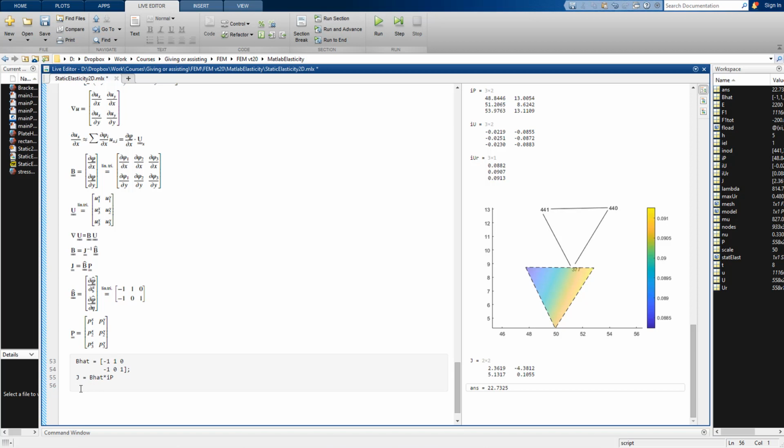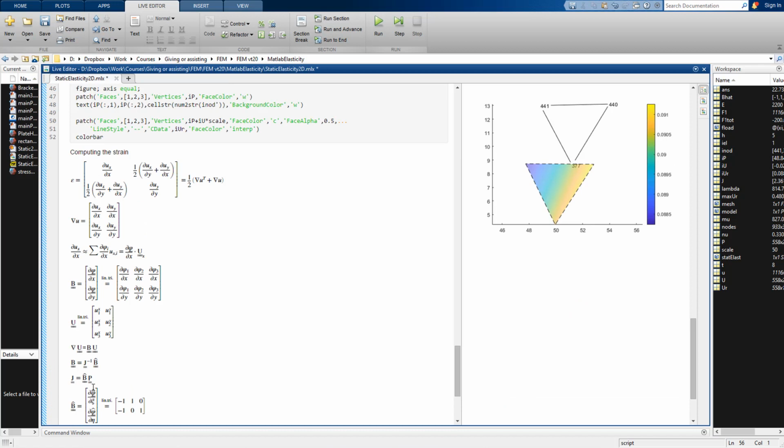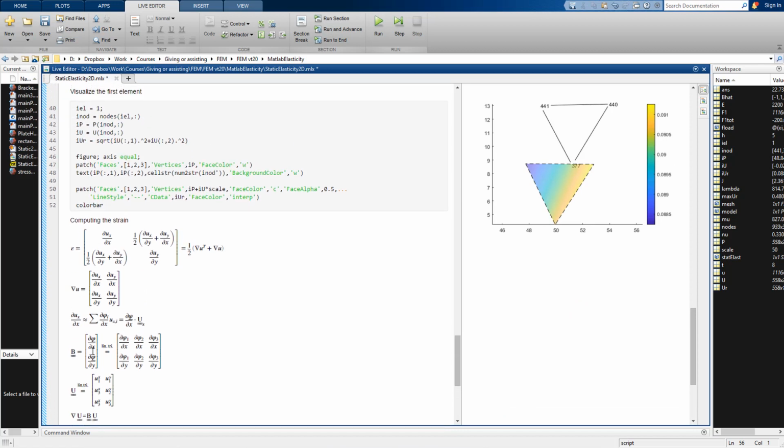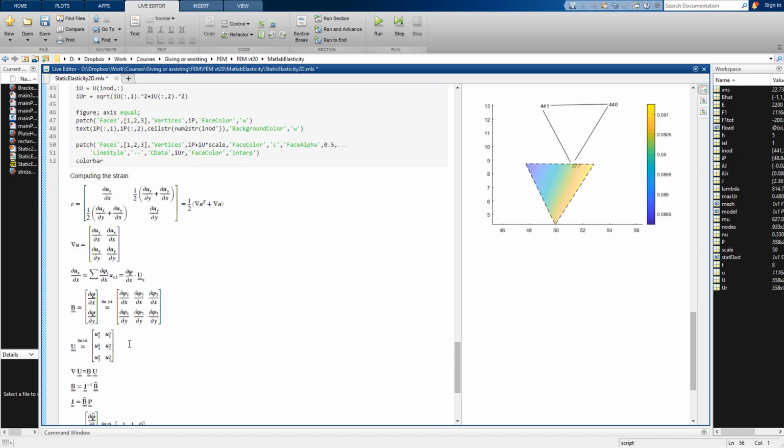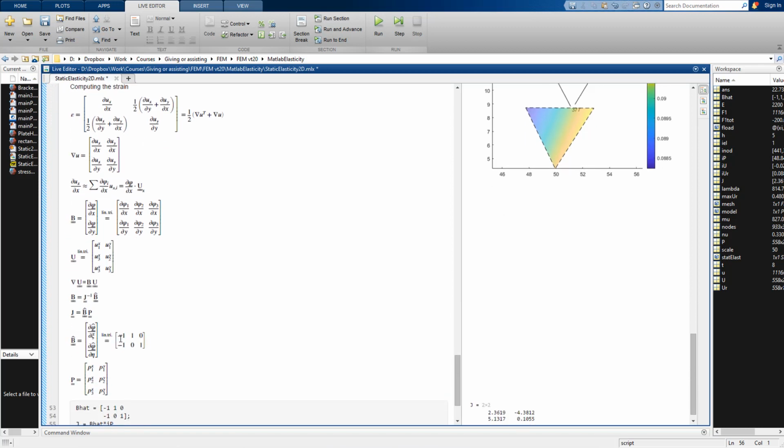So another thing I want to point out is that we are computing these strains, when we do this, per Gauss point or per integration point. So we are actually evaluating these functions here somewhere, and it should be obvious if you're looking at this now that you cannot evaluate these in some points.